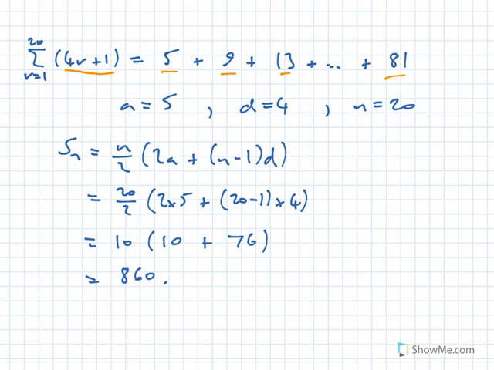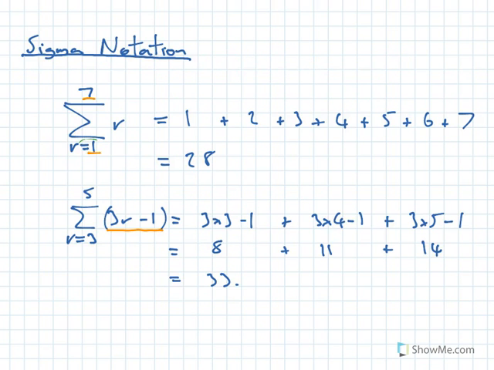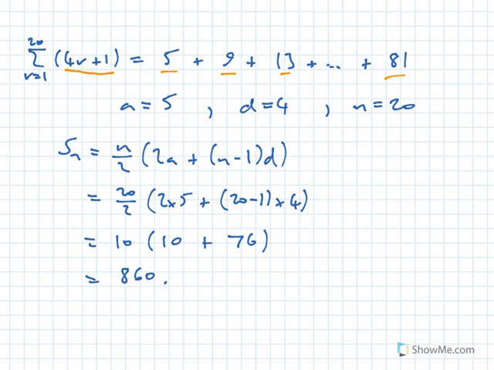So far what we've looked at is just the basic idea of how to write something out from sigma notation out into full, and then also, once we've written it out in full, trying to identify is the sequence behind the series a geometric one or is it an arithmetic one.